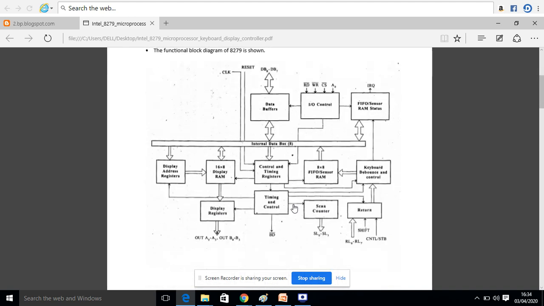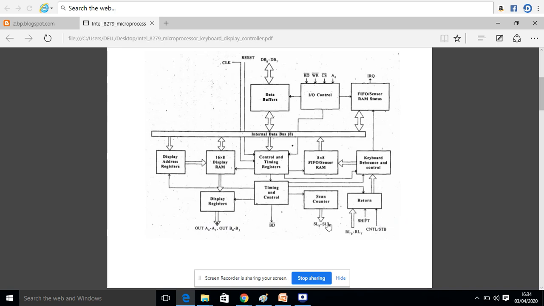The lower portion is used for the keyboard, display, and scan sections. In the keyboard section, there are 8 lines, RL0 to RL7, and the function of RL0 to RL7 will be changed with shift and control stop signals. This is the scan section, used by the scanner, and this is the output, the display section, used for display devices.